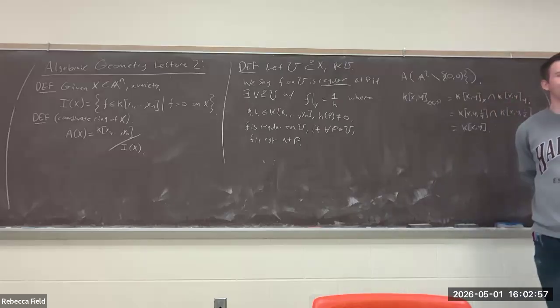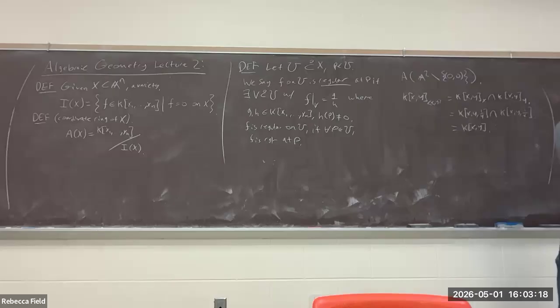There we go. We're localizing by the whole thing, the ideal generated by x, y, and that's the polynomial non-constants. I guess that makes sense. You can only divide by constants, so that's k adjoin x, y.